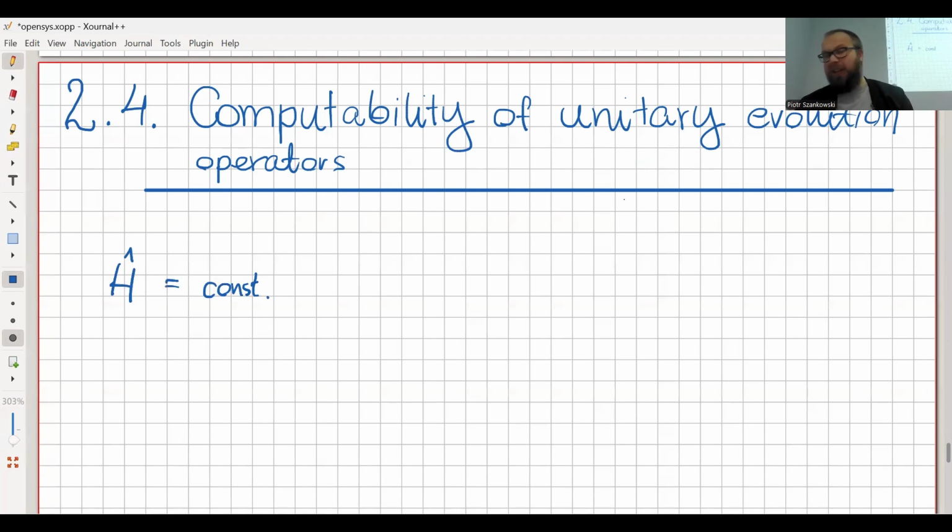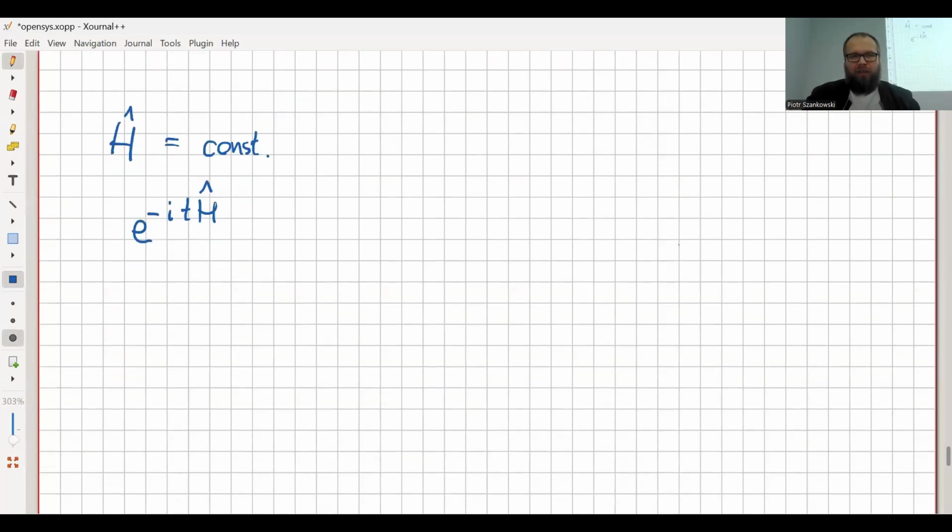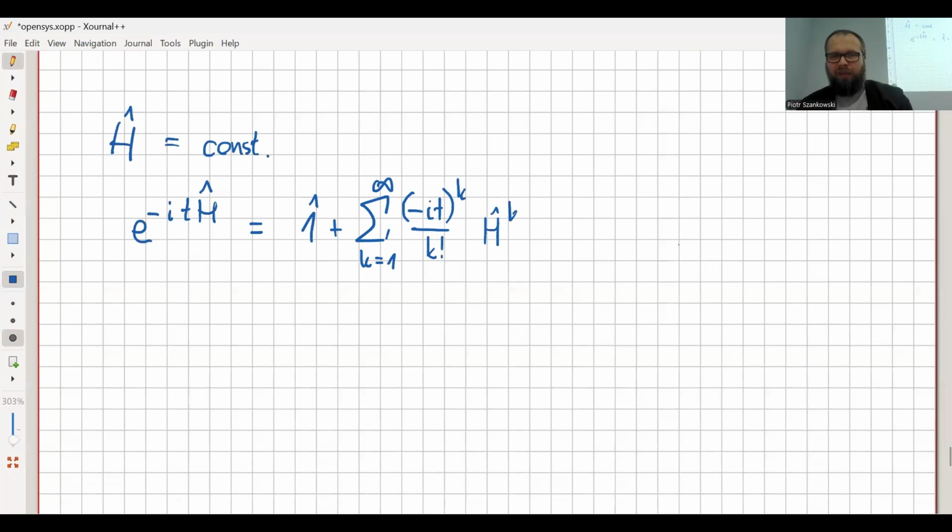We can just calculate the evolution operator by taking the exponent of H, which is given by the series, minus i t to the power k, and just take H to the power k.